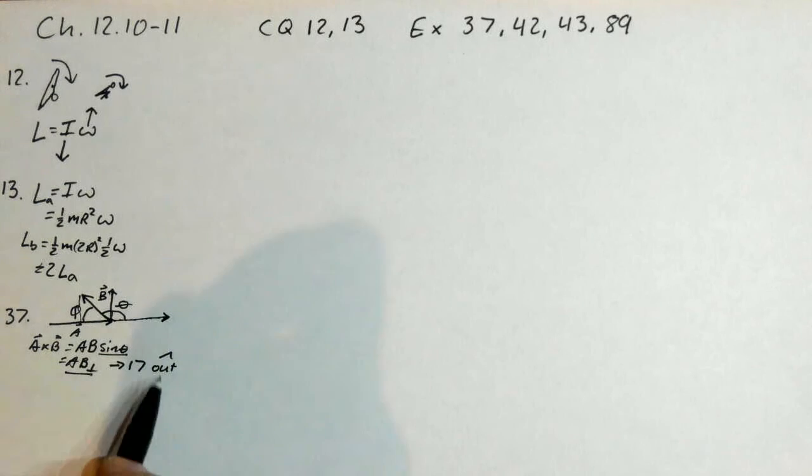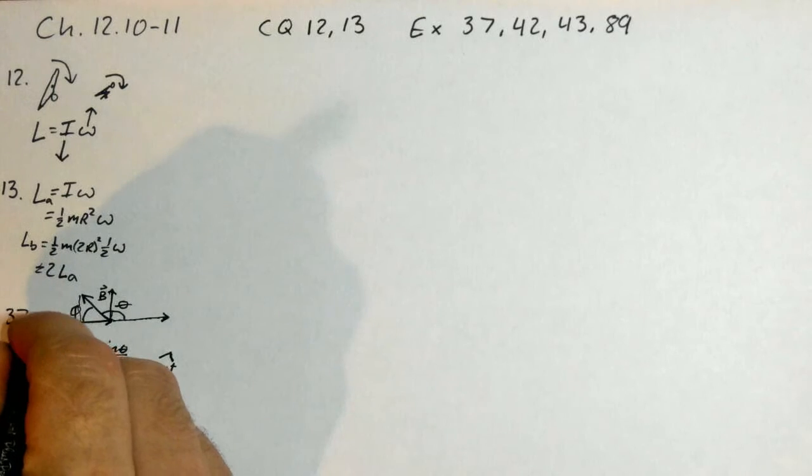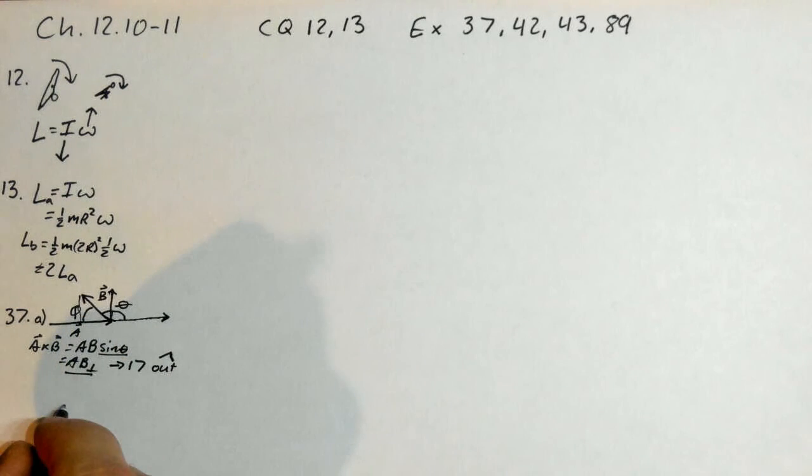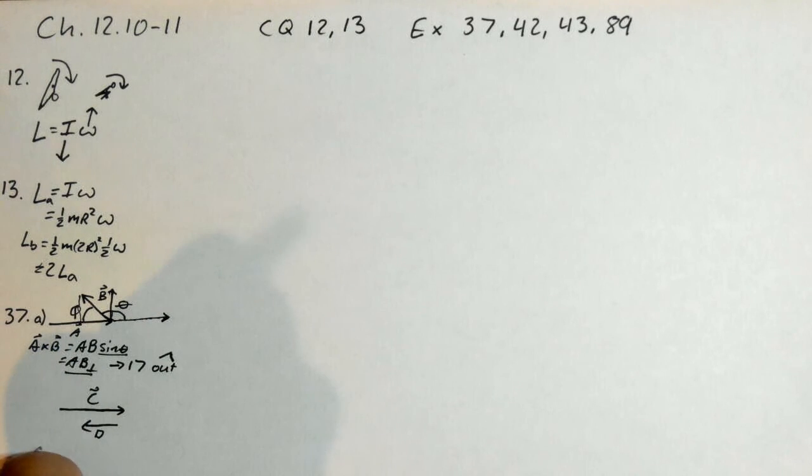I put that little hat, that's a hat to mean direction. So it's a size of 17 out of the page, and that gives me the full vector form. Well, that's A. Now let's try B, with a vector C pointing that way and a vector D pointing this way. What is C cross D?